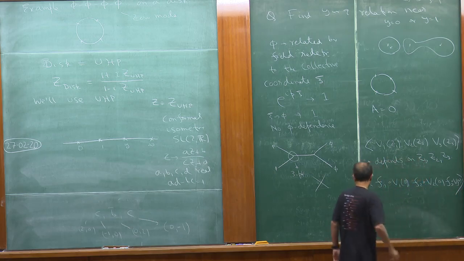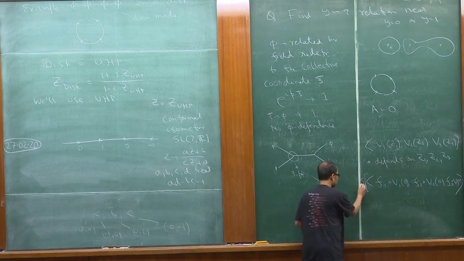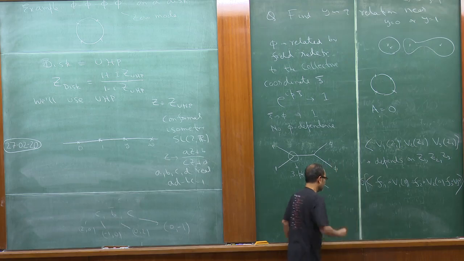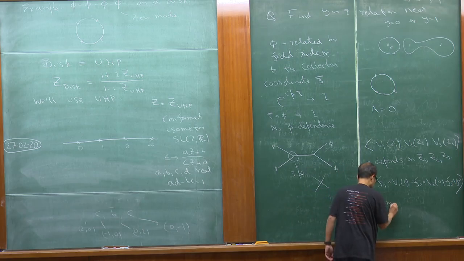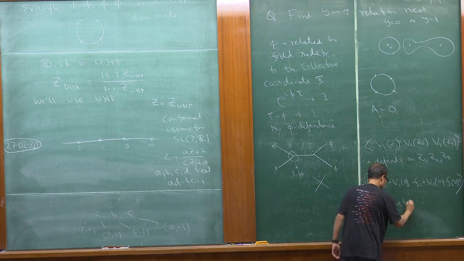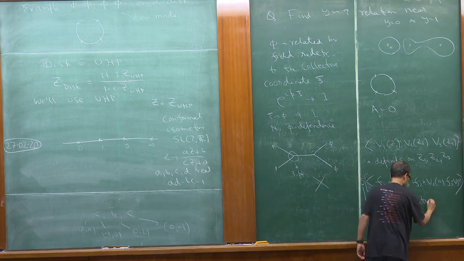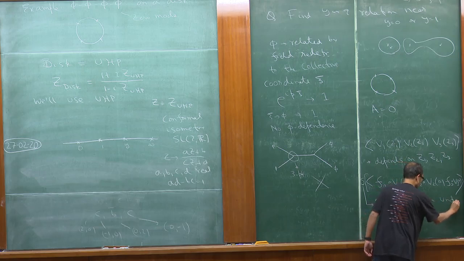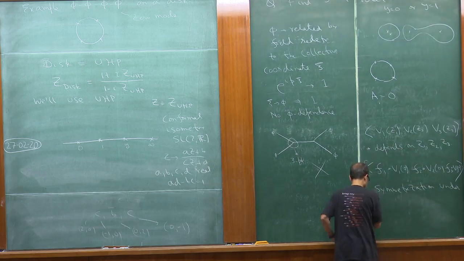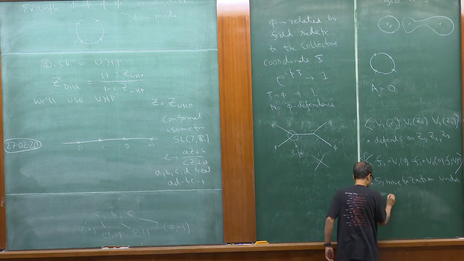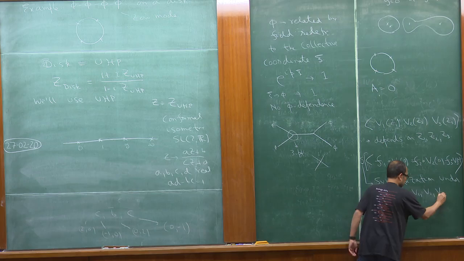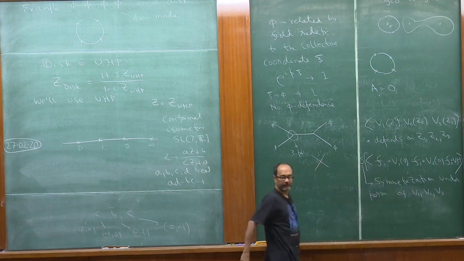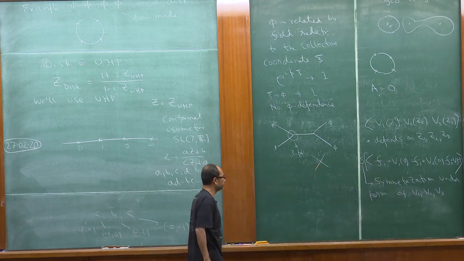Okay, I'll explain what this is. S is easy to understand. This is symmetrization under permutation of V1, V2, V3. Any vertex must be fully symmetric under the exchange of external states.